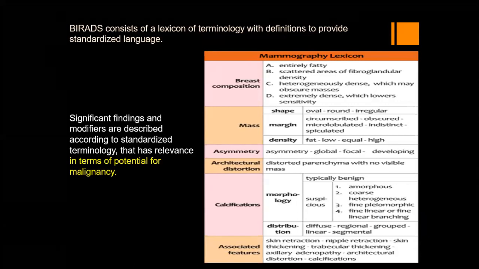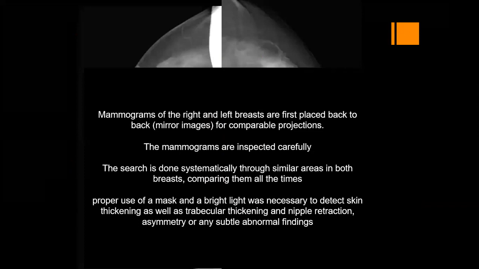All these significant findings should be described according to the standardized terminology available in these ACR lexicons in terms of potential for malignancy. And we said we have to have an approach to evaluate the mammography, and it is preferable to use the mask technique.